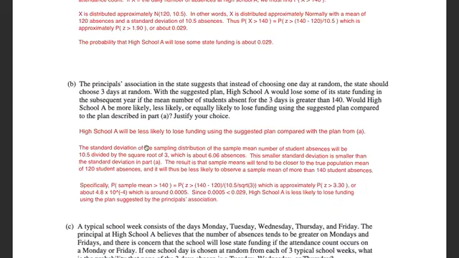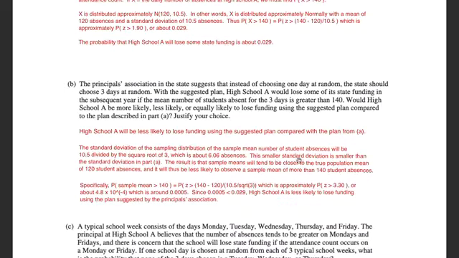So the standard deviation of the sampling distribution of the sample mean, and in context, it's the sample mean number of student absences. It's now going to be that 10.5 from above, but divided by the square root of 3, the square root of the sample size. That's about 6.06 absences. So this is smaller.